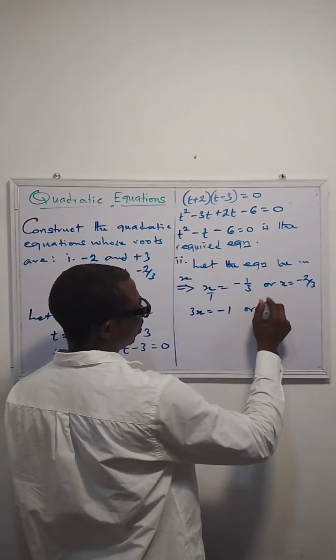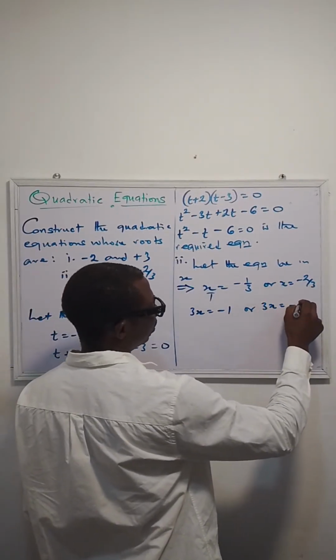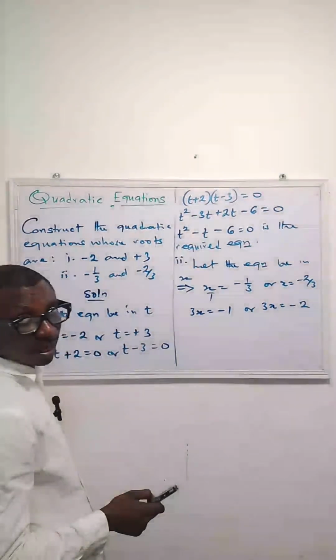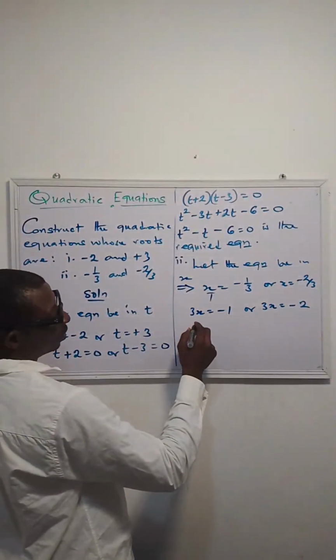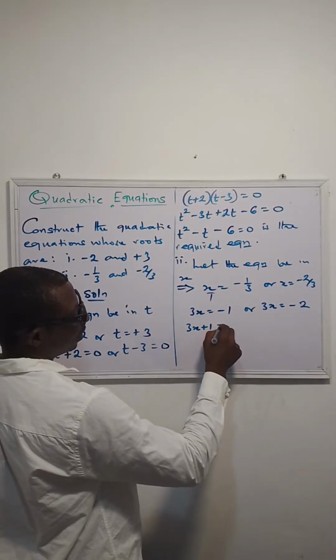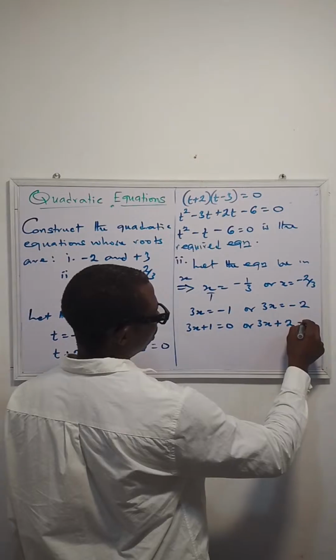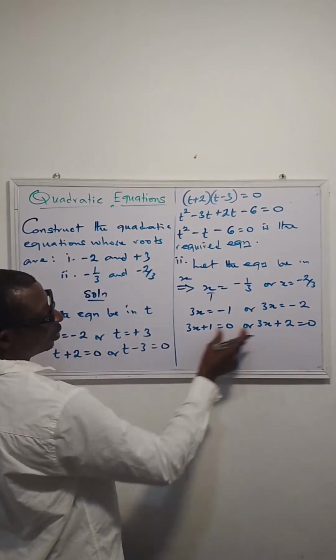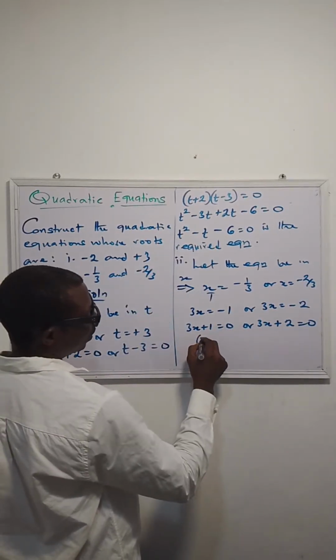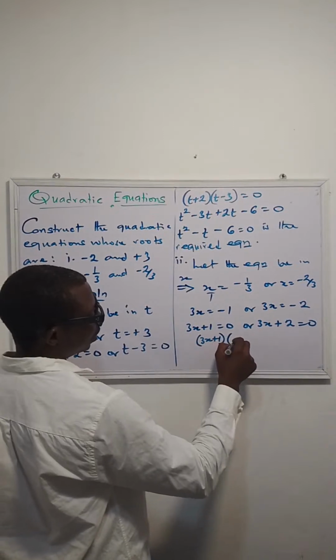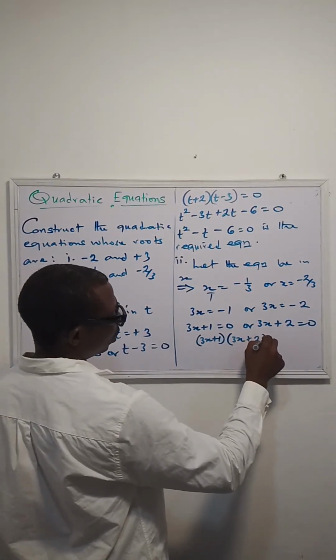Or 3x = -2. Can you see that? So can we transpose this? We have 3x + 1 = 0 or 3x + 2 = 0. So we can bring these two together now: (3x + 1)(3x + 2) = 0.